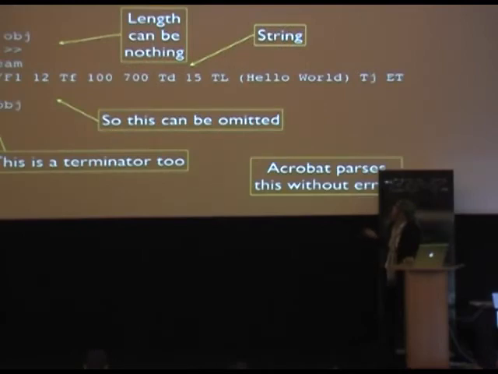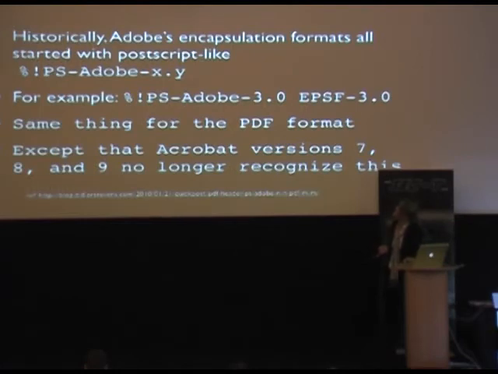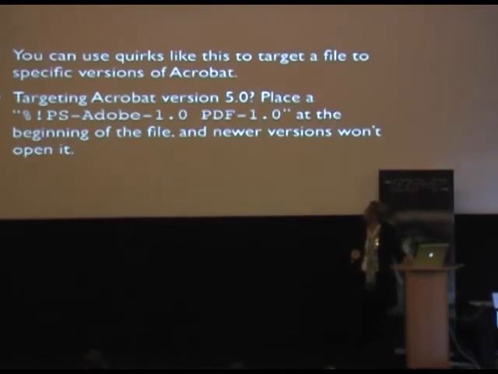And when I say Acrobat processes this without error, I'm doing all the testing on 9.1.3. Other earlier versions and other PDF readers will tend to throw errors on that kind of stuff. If you want to restrict your document to certain specific versions of Acrobat, the newer versions don't accept this particular header anymore, but the older ones do, so you can stick this at the beginning and it opens just fine with an older version of Acrobat, but newer ones won't see it as a PDF file.